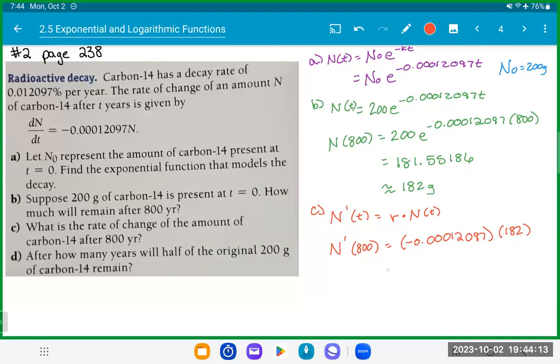When I simplify that, that is negative 0.022. So that tells me the rate of change of the amount of carbon-14 after 800 years will be about negative 0.022 grams per year. So every year it'll decrease by less than 0.22 grams. Okay. Questions?